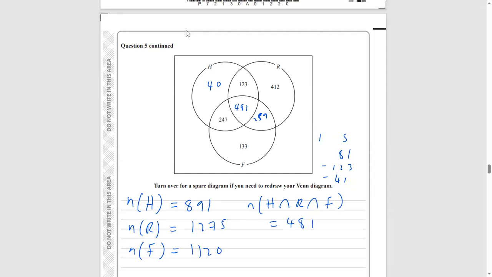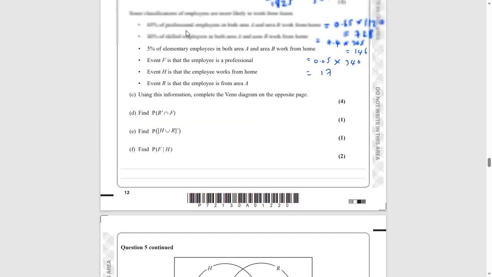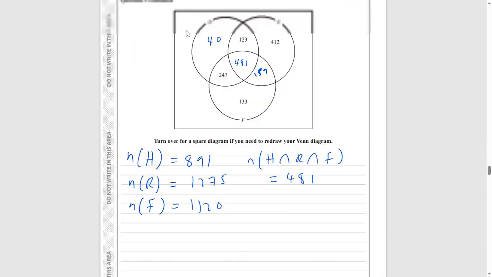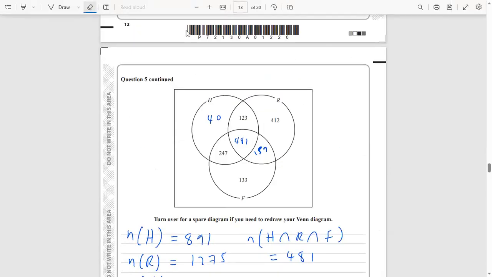Okay, so we've not quite done yet because we've got to work out the number of people on the outside of this Venn diagram. So remember, initially, we've got 1,825 employees in total. So what we need to do is 1,825, take away all the numbers in the Venn diagram.